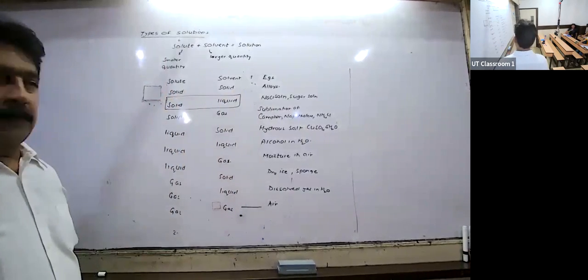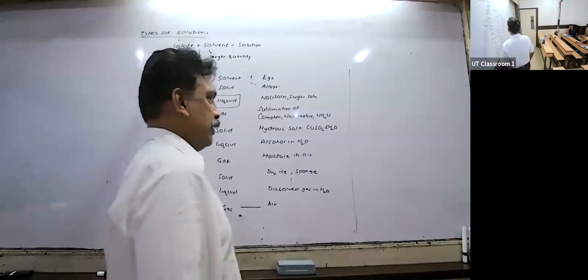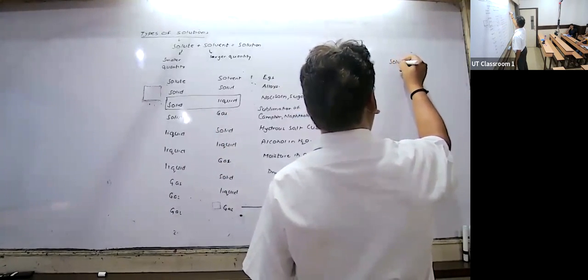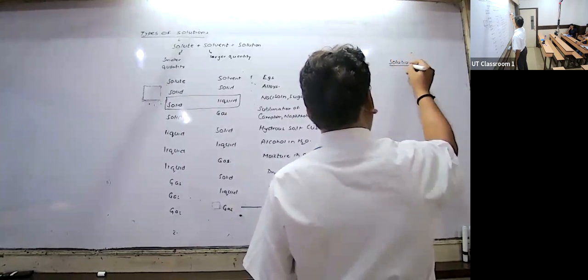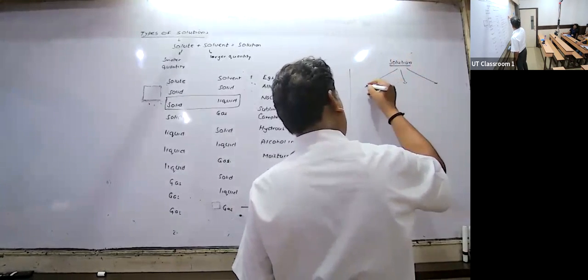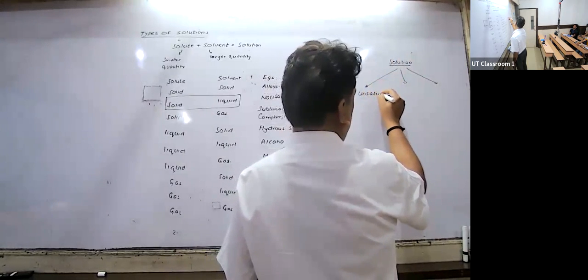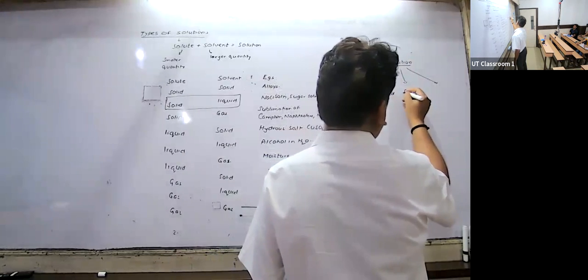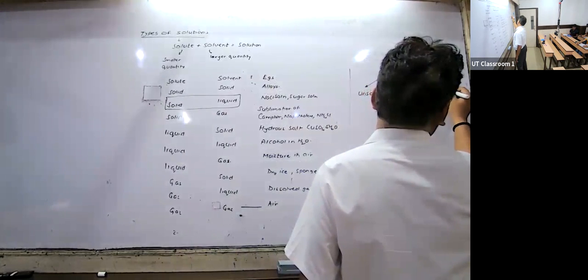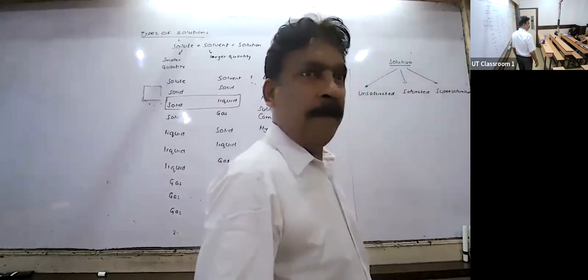When we prepare a liquid containing some amount of solid, on the basis of how much solute is dissolved in the solvent, that is, on the basis of solubility, we can have three types of solutions. One is unsaturated solution, second is saturated solution, third is supersaturated. Has this chapter been done in your school? Not yet, okay.